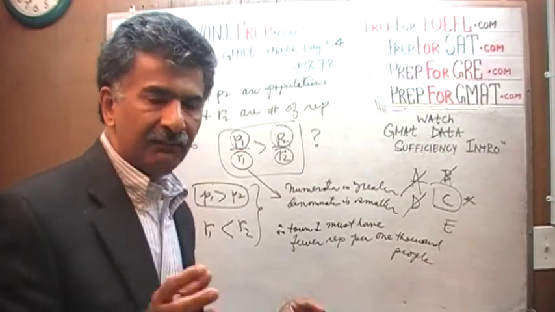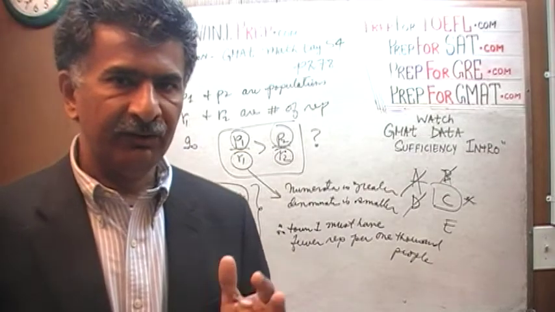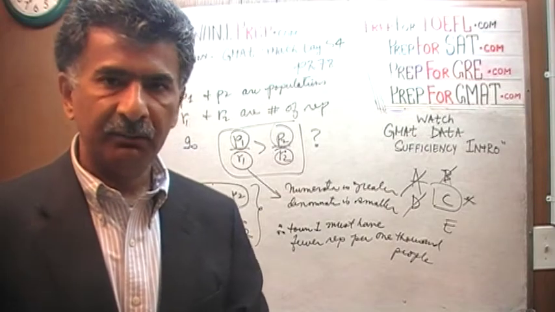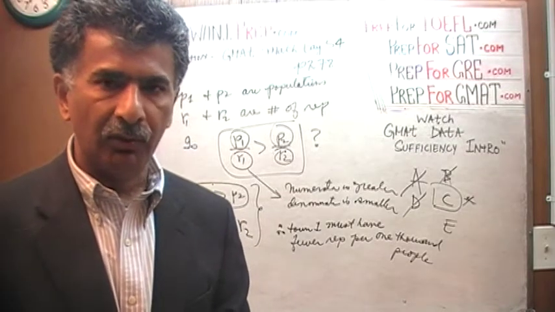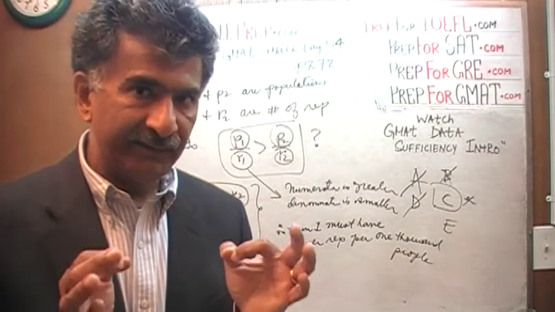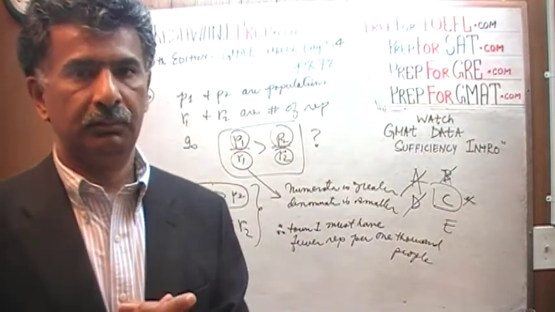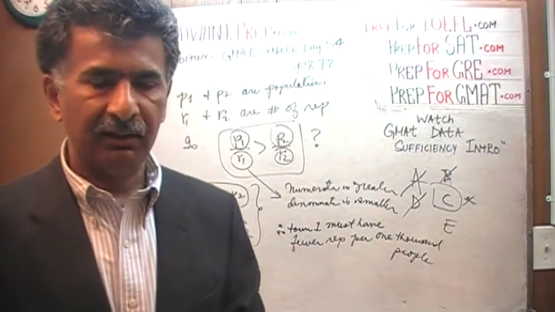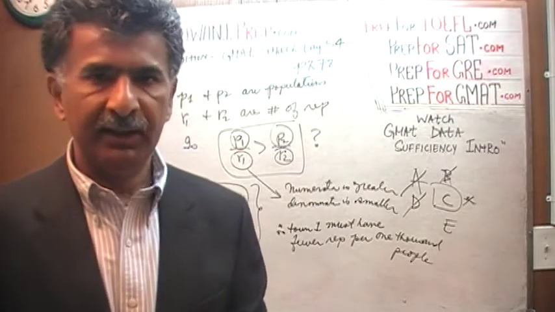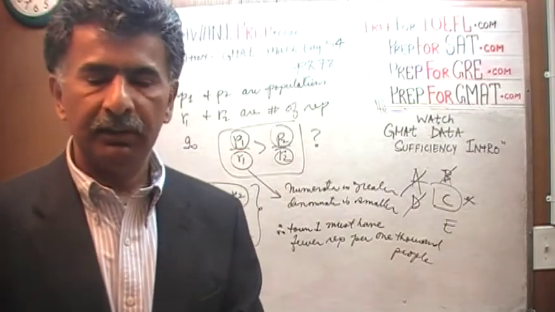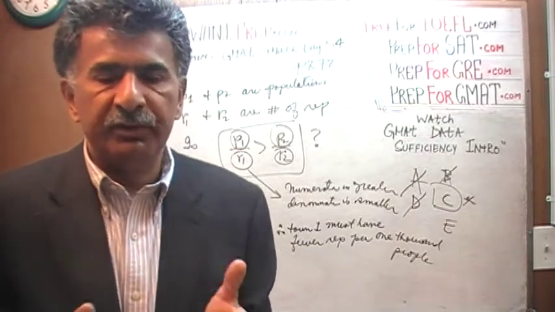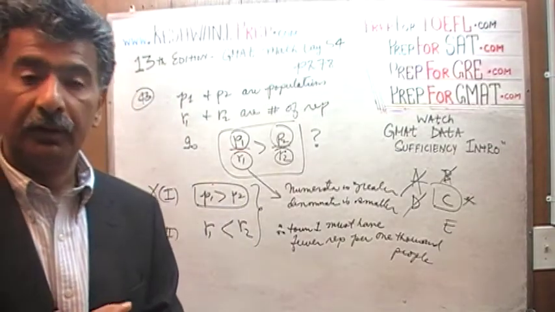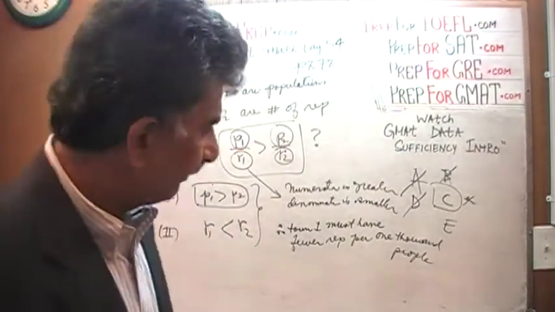If I came to a conclusion that the answer is yes, and it turns out that the correct answer was no, it really doesn't matter to us, because it doesn't matter whether the answer turns out to be yes or no. The point here is we are able to tell definitively yes or no. At the end, as I always remind you, when they ask you, is this guy bigger, heavier than the other guy, does this cost more than that, is this town farther away than this town, for all we care, the answer could be yes or no. We just have to be able to answer it in the affirmative or negative, and here we are able to do that. You understand? Therefore the answer is C. Putting them together does the job, and the answer is C.